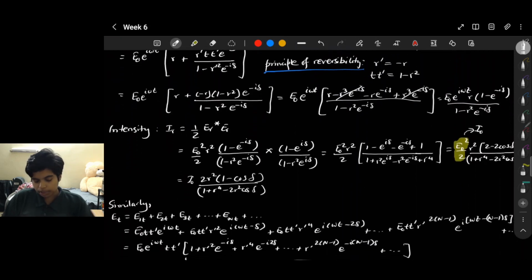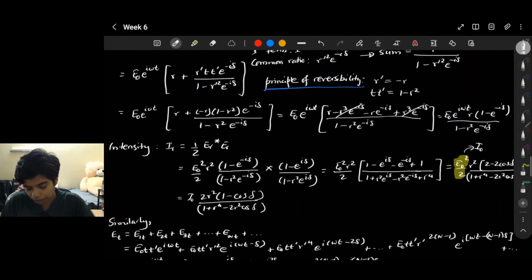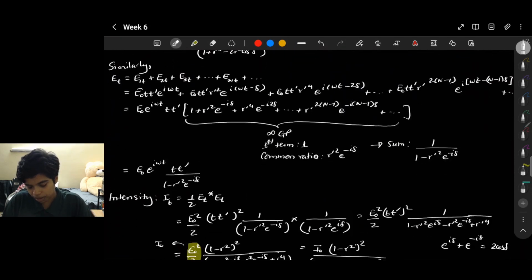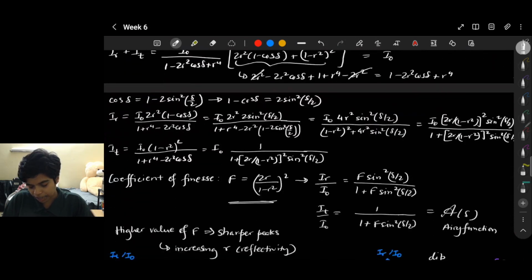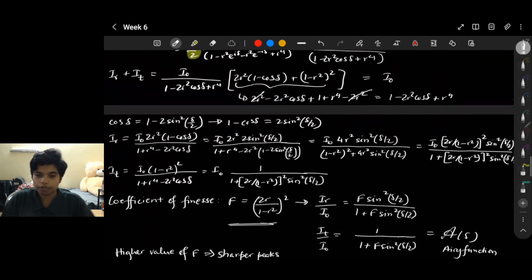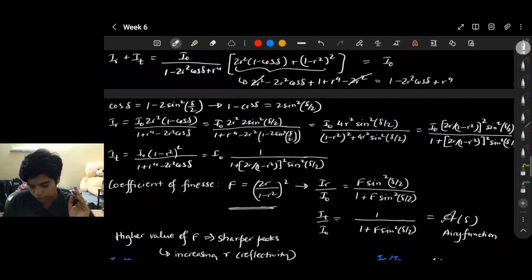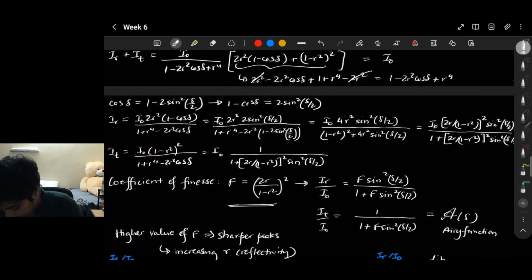Finding the intensities for these reflected and transmitted parts, we finally figured out the ratio of the reflected and transmitted intensities with respect to the input intensity. And this is what we came up with. These were the final expressions. Let me highlight them for you.